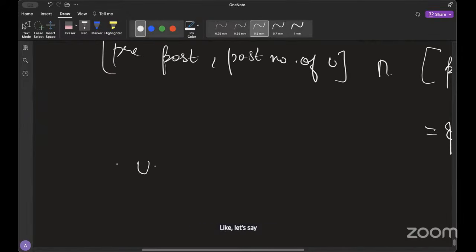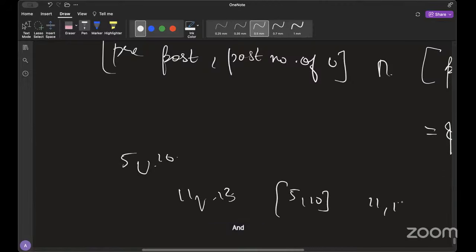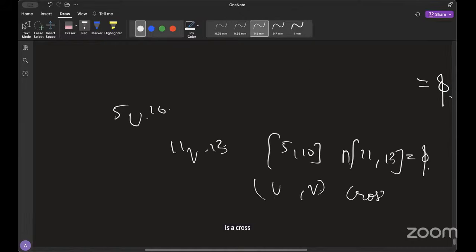Like let's say you have U and the pre-post numbers are 5 and 10, and V, it's 11 and 13. Then this interval 5 to 10 and 11 to 13, the intersection is empty, right? That means UV is a cross edge. So if there is an edge from U to V in the original graph, which is not there in the tree, then it's a cross edge, right?